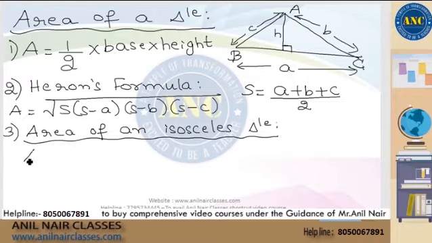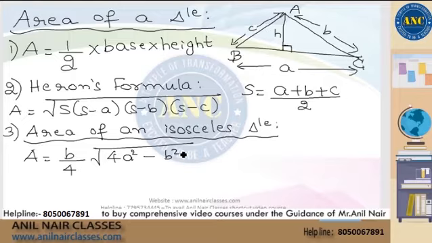The area of that isosceles triangle, we derive as b by 4 into square root of 4a square minus b square, where two sides are equal. In this case I am taking the two equal sides as a and the non-equal side as b. This is the area of an isosceles triangle. This I also explained to you.